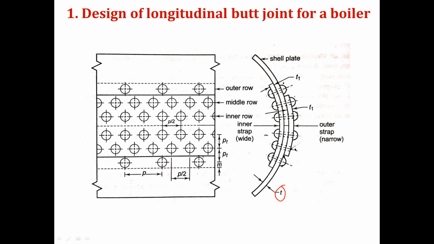So for safety purpose, we use double straps or double cover. You can see this is one cover on the top part of the boiler shell plate, and this is the bottom cover on the bottom part of the boiler shell plate.